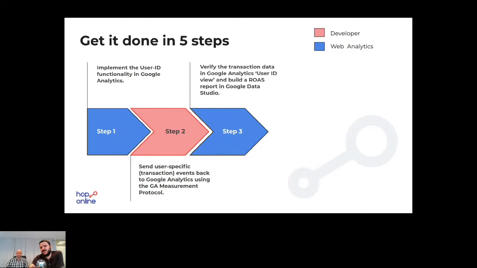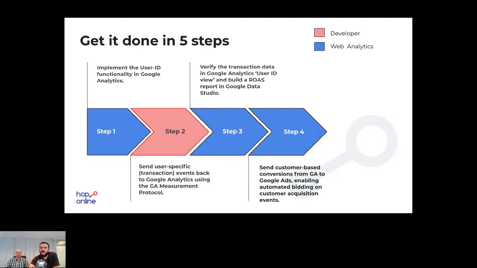And for this, we most often use Google Data Studio. That, of course, is up to you. So then once this is all implemented and you've confirmed that everything is working correctly, you can start, of course, getting the data into Google Analytics and sending it over to Google Ads.